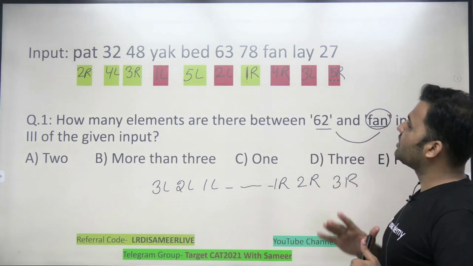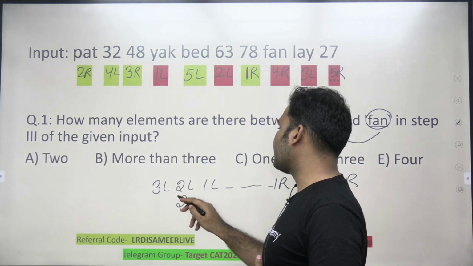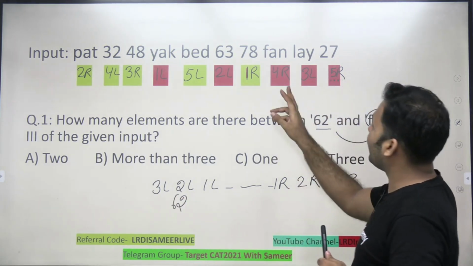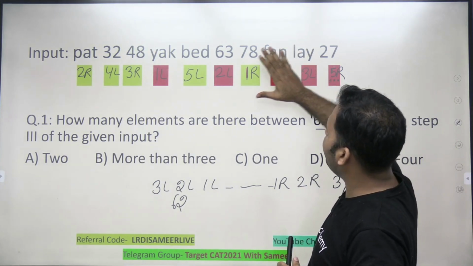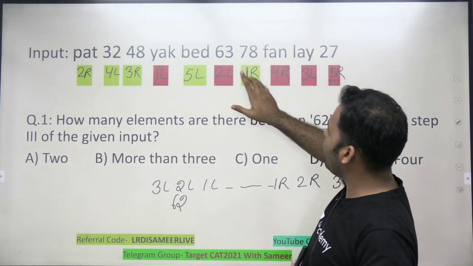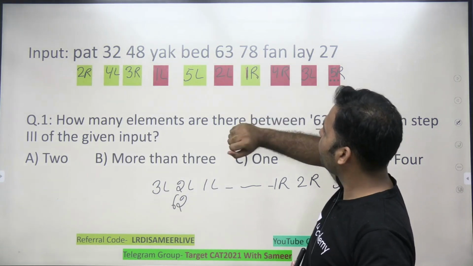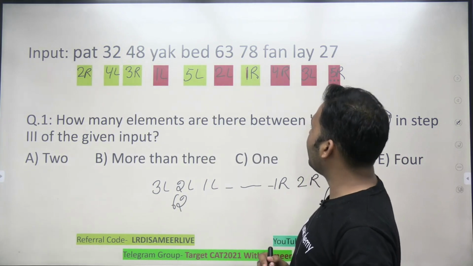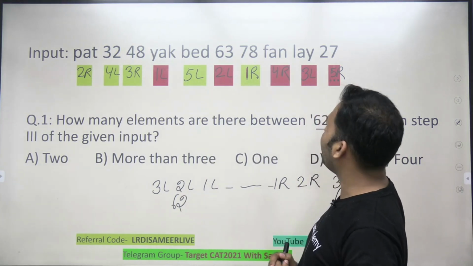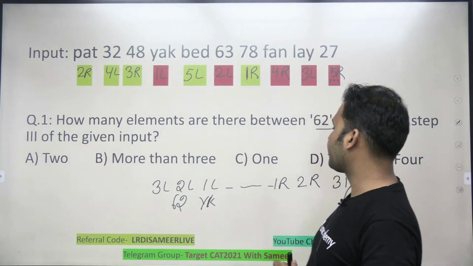Now, the number 62 is positioned at 2L, right? And the word fan has not been arranged. And before the element fan, you see that 1R and 2L have already been moved to their positions, right? So these elements, the word bet. So after 2L, I'll have the element 1L, which is starting from YK, right?